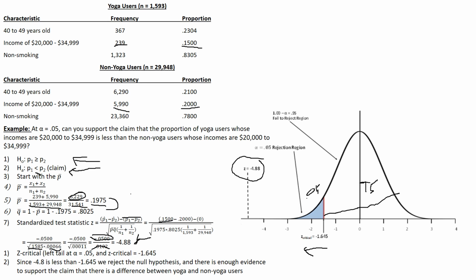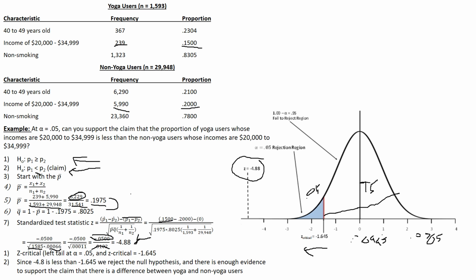If you remember before, it's one of those that's not exact, so it's between 0.0495 and 0.0505, and to get between that, it'd be negative 1.645. So that's our make or break, negative 1.645.